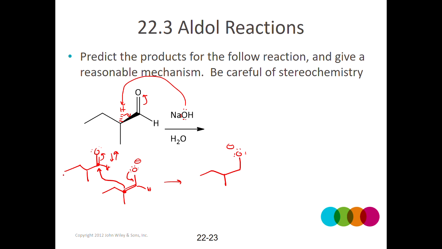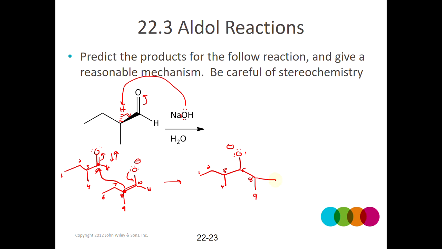Just number the carbons. 1, 2, 3, 4, 5, 6, 7, 8, 9, 10. So 1, 2, 3, 4, 5. So 5 and 8 are connecting. 8 is attacking 5. 8 is connected to 9.